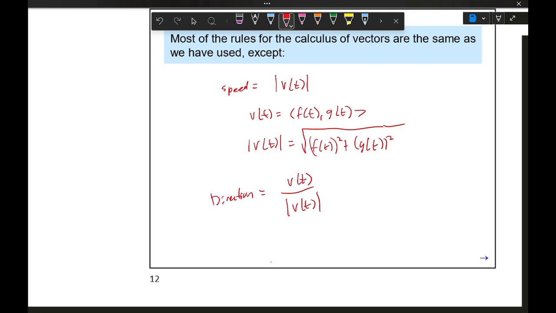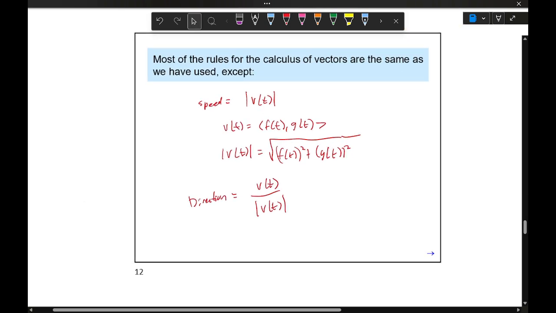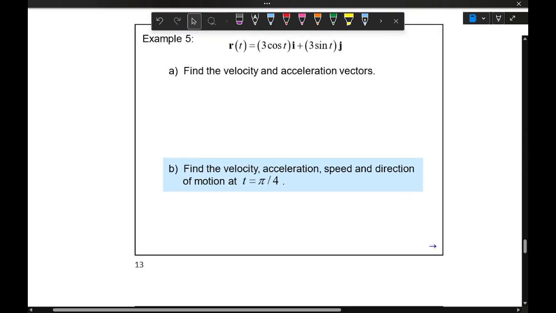So as you can see, if you divide a vector value function by its magnitude, the result is just going to be 1, which makes it a unit vector, and that's a little nicer to work with sometimes, especially when you're working with sine and cosine and stuff like that. So just remember those two definitions, and you're good to go.